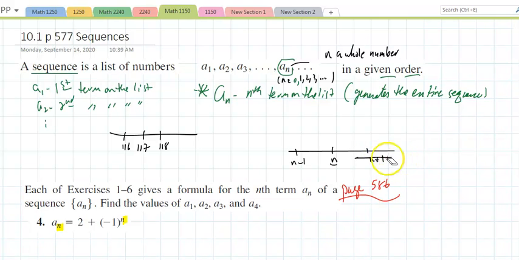Well, whatever n is, since we're dealing with positive integers or whole numbers, n plus 1, and the one before would be n minus 1. If you make that the subscript of a, that could save you a lot of pain. You can always think of, if a sub n is the term I have right now, a sub n plus 1 is the next term, and a sub n minus 1 is the previous term.